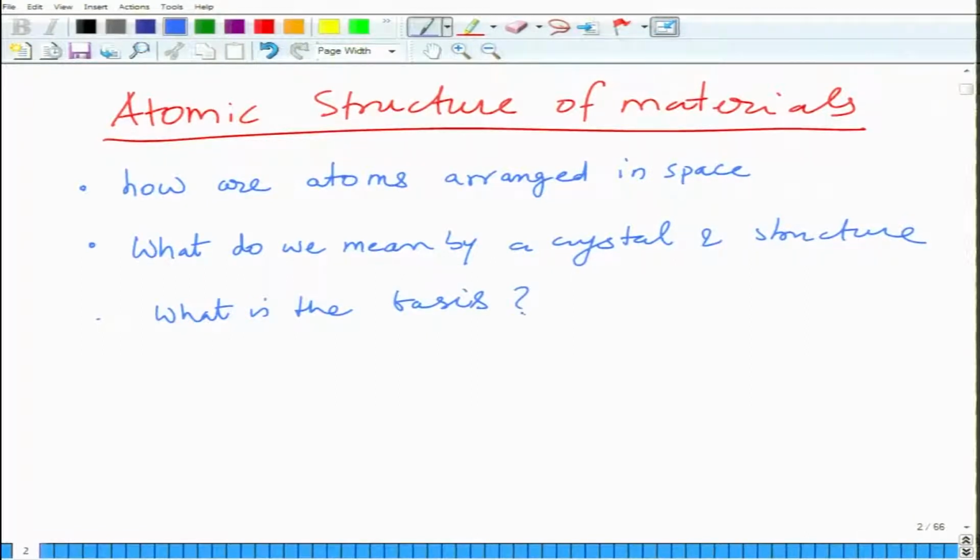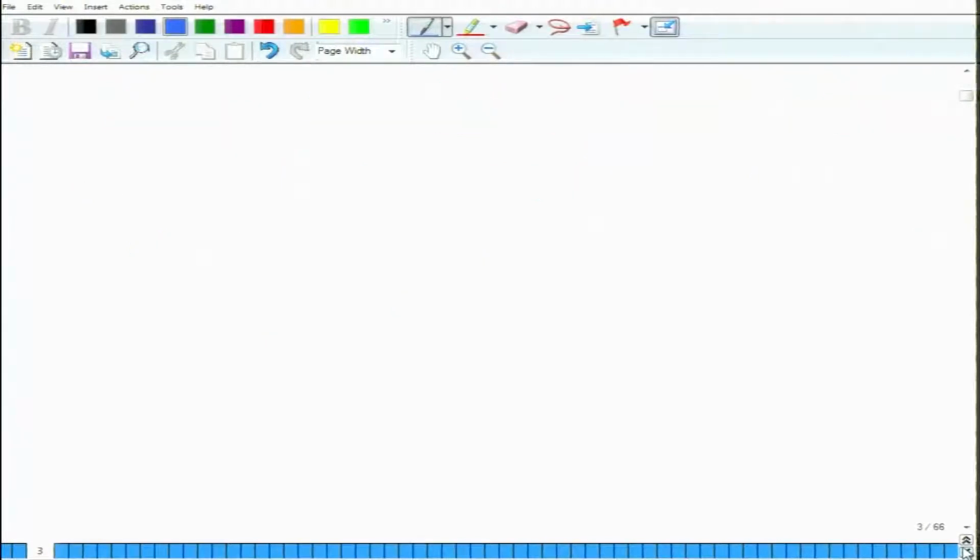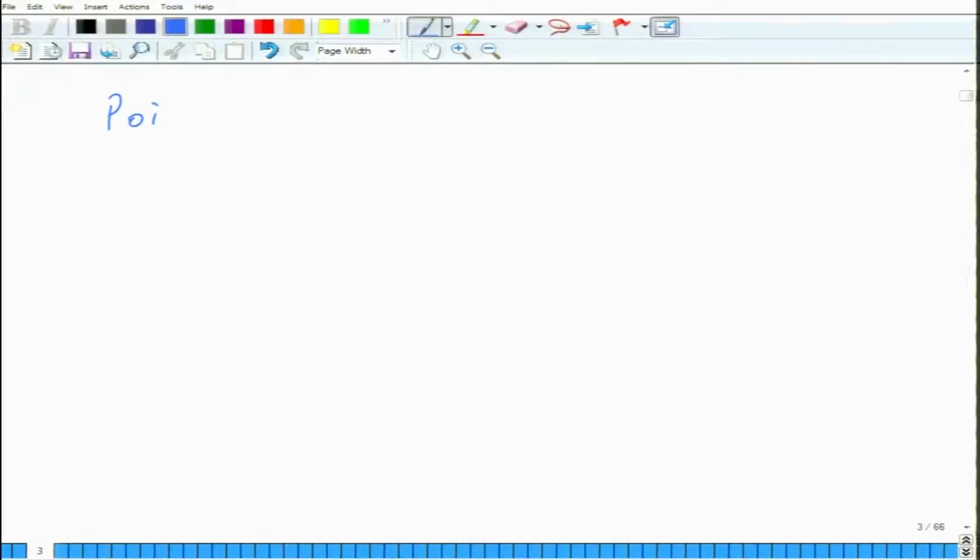Okay. So before we get into this, we know that atoms are connected by various bonds, but now the question is how are these atoms placed in space. So before we talk of atoms, we just start with random points in space. We replace the atoms by points.